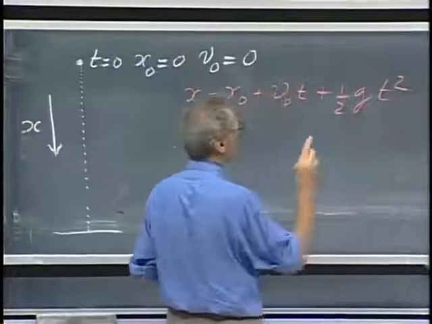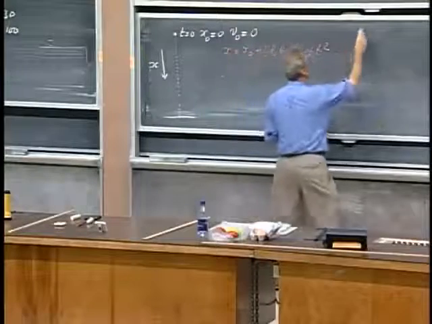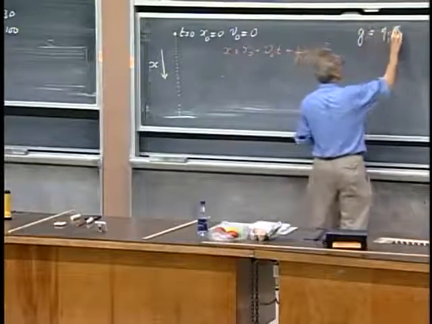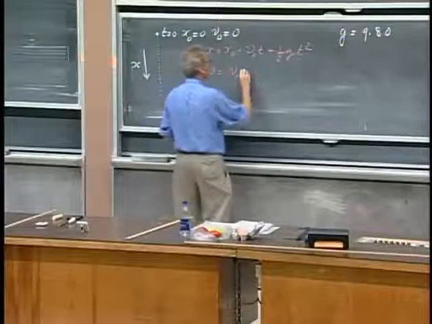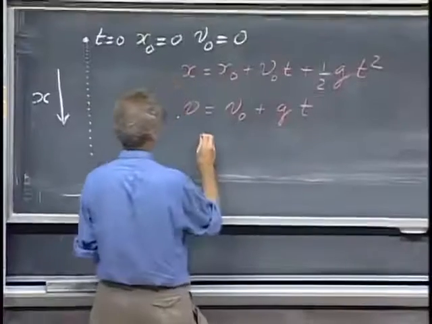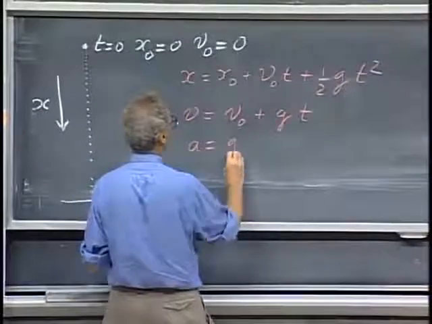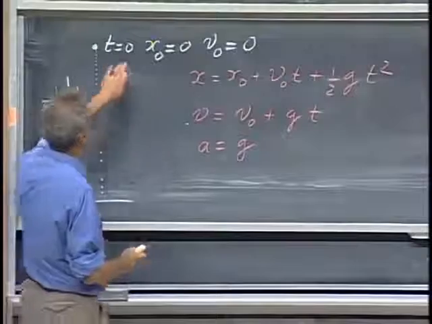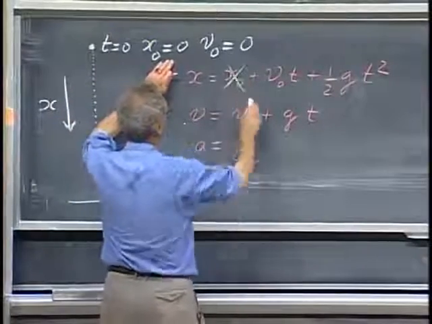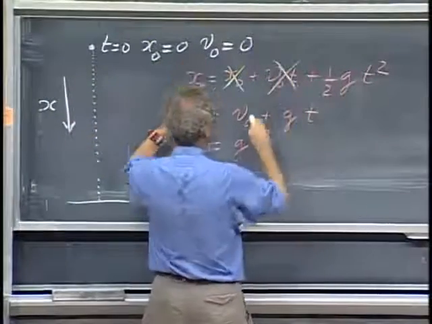And g now is 9.80 meters per second squared. The velocity at any moment in time equals v0 plus g t, and the acceleration is constant, it is simply g. Now, in my case, I have chosen t equals 0, x0 is 0, and I've chosen this 0, so these go.